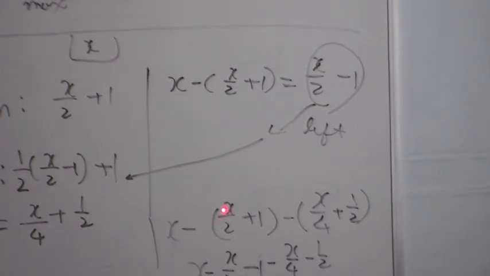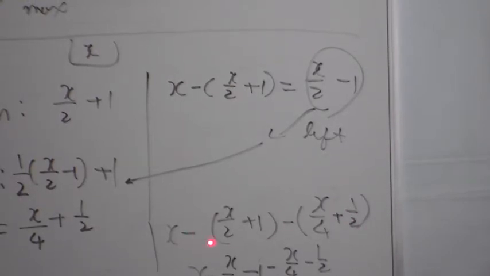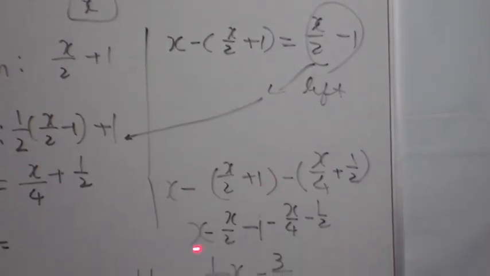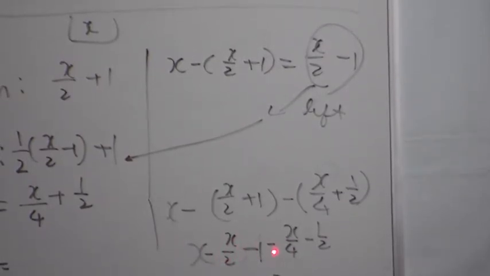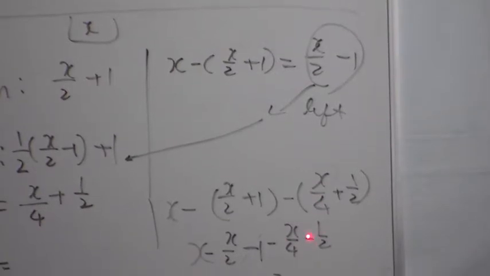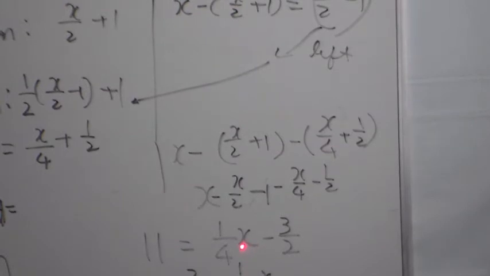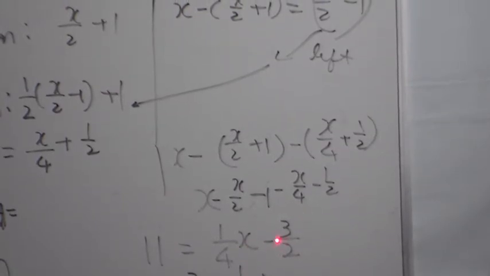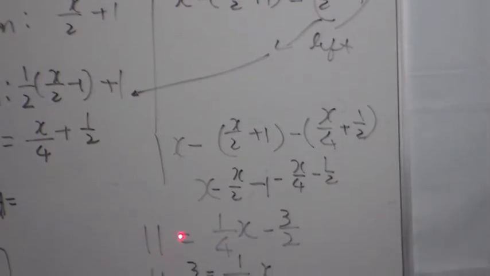Then N got this much, and then the next got this much. So we have to subtract together. Then this calculation is X minus (X over 2 minus 1) minus (X over 4 minus 1). That's going to be 1/4 X minus 3 over 2. That's going to be $11, right?